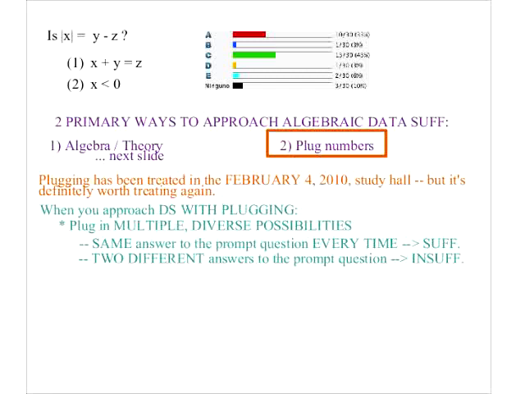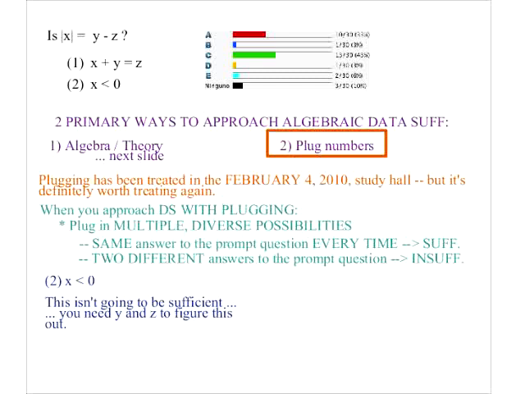In this problem, actually, statement 2 is probably a little bit easier. Statement 2 is just x is less than 0. So that's not going to be sufficient, but let's prove this with plugging. This isn't going to be sufficient because you definitely need y and z to figure this out.